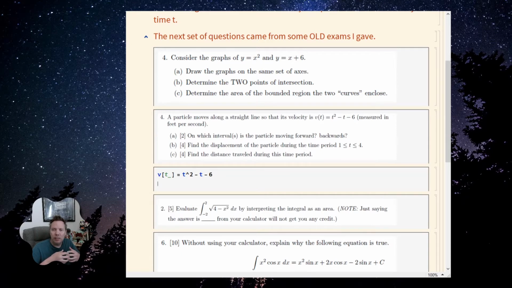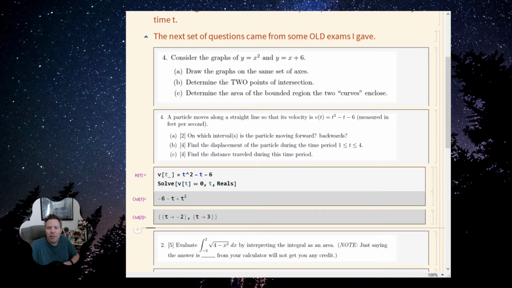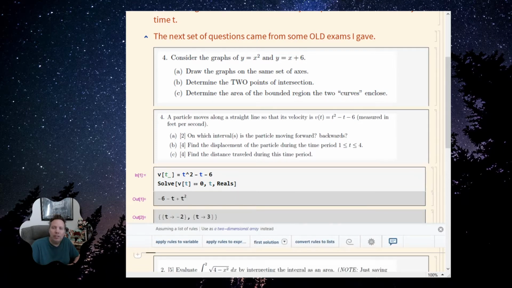So in this case, I want to set the velocity equal to 0 because that's going to tell me the places where this particle has stopped moving. So this isn't v prime of t, this is v of t because v is already velocity. And I am going to avoid any complex answers by putting in the reals. So if I evaluate this, I wind up getting 2 answers. t equals -2 and t equals 3.